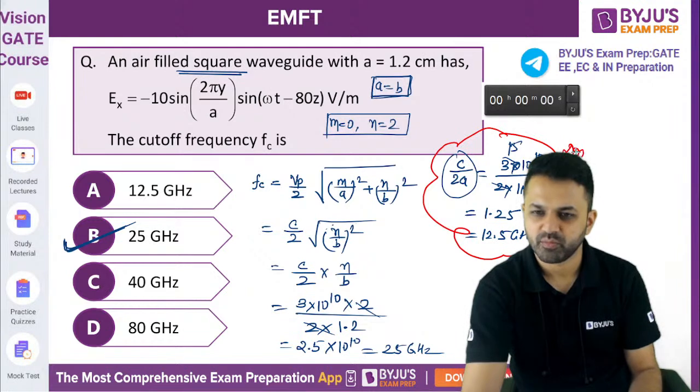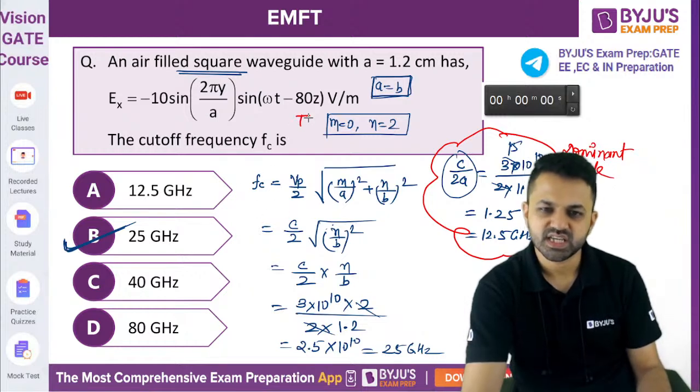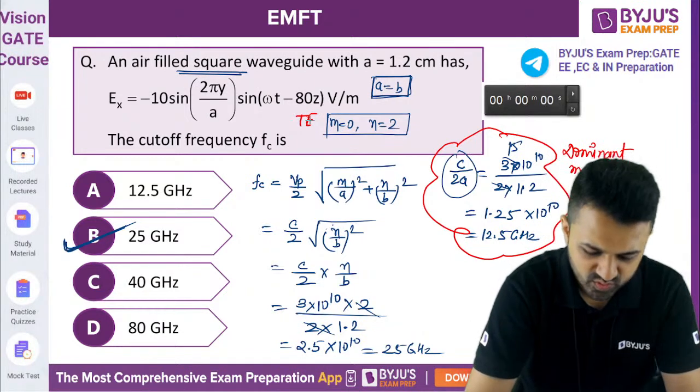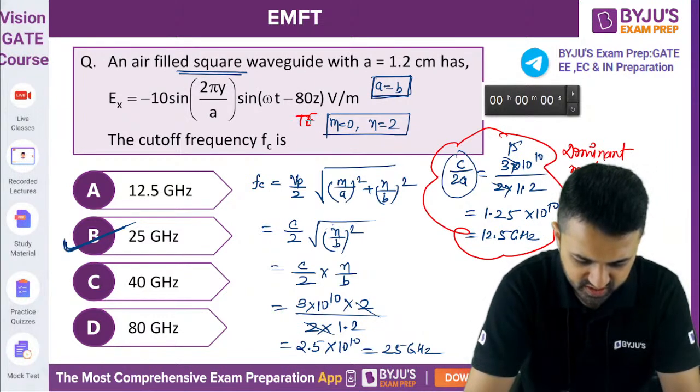This is only for the dominant mode, but here we have the mode TE02 or TM02, whatever you want to write, TE02. Okay, got it now?